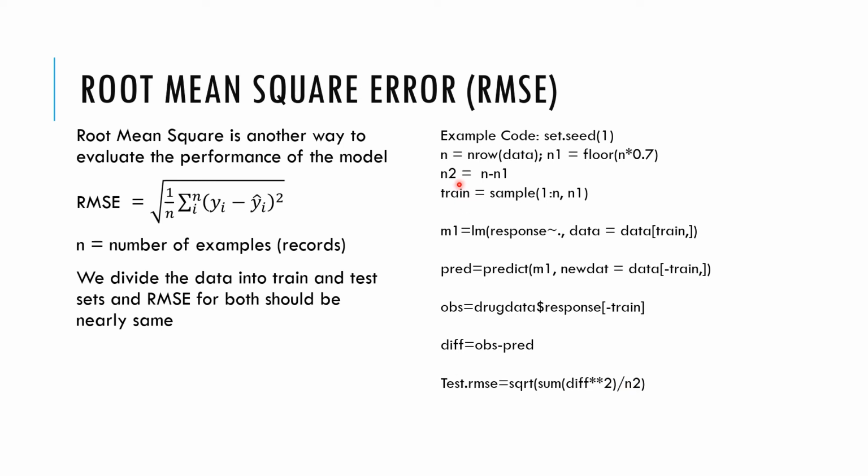Because that is the number of test data, right? And then the square root. This gives us the test RMSE. For train RMSE, we do the same thing. In fact, the model itself will give us the residual values. We square them, sum them, divide by n1, and then take the square root. Then we match these two values. If they are quite similar, nearly close, then that means our model is valid based on RMSE.